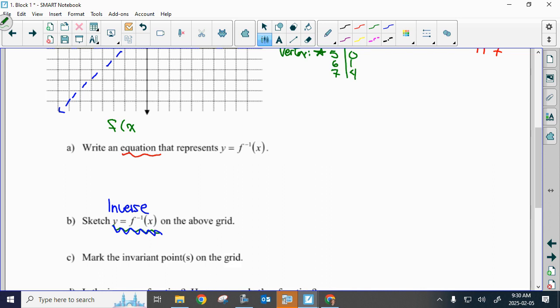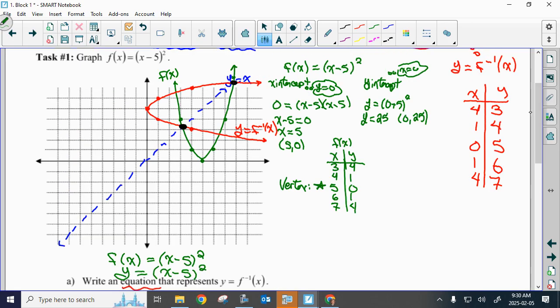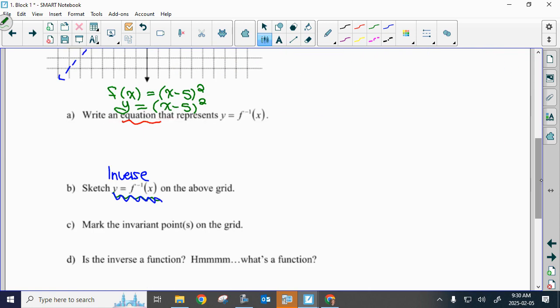If f of x was equal to (x minus 5) squared, another way of writing that would be y equals (x minus 5) squared. If you want to find the equation of the inverse, the equation of this red line right here, you would swap the x's and y's and solve for the new y.